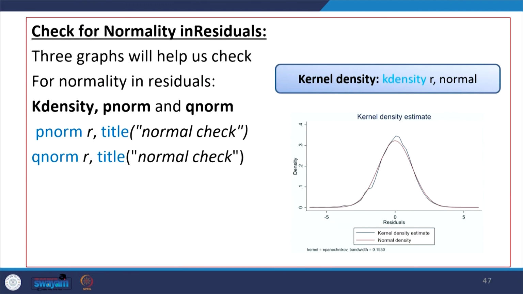Similarly, for normality in residuals, I already told you one command called kdensity, but in this case pnorm and qnorm are to be given to check whether they follow a normal distribution or not. Okay. If you do kdensity with normal, it will plot like this, and accordingly we can understand.